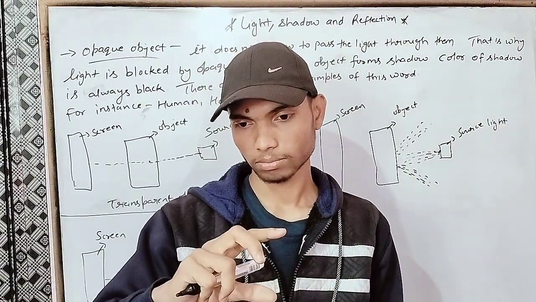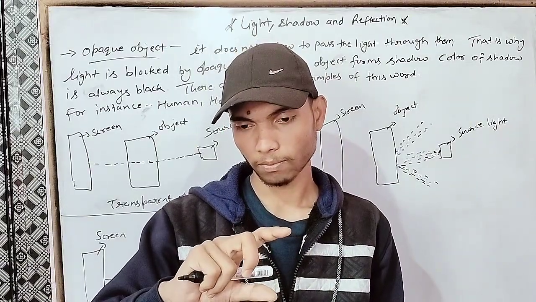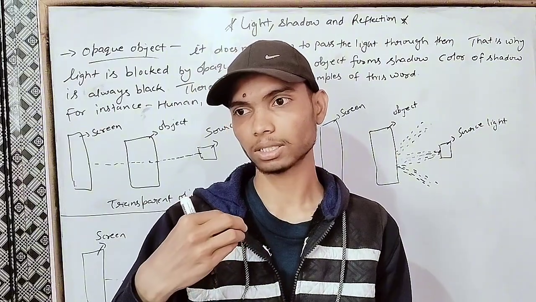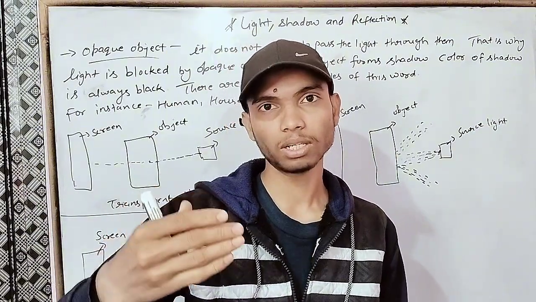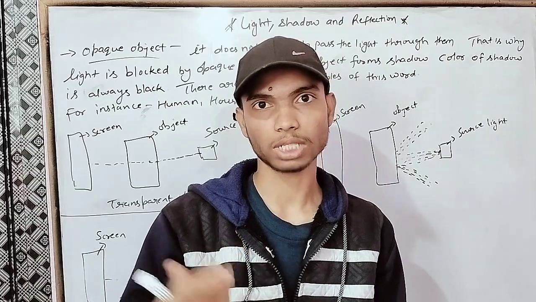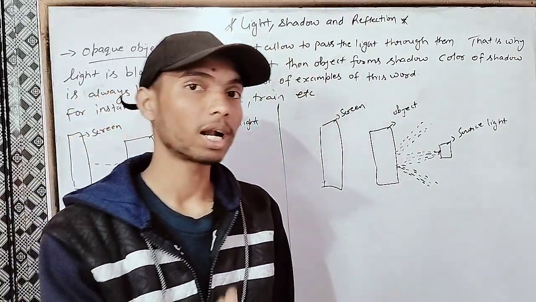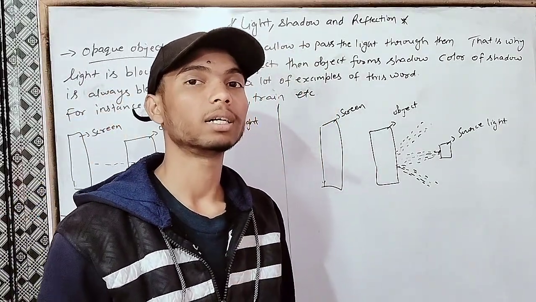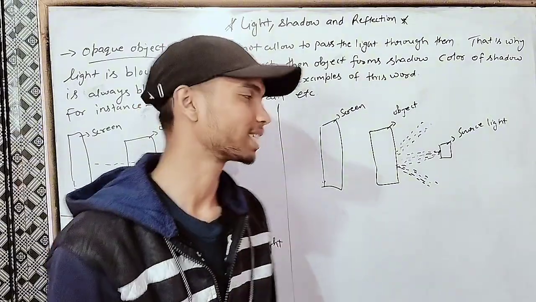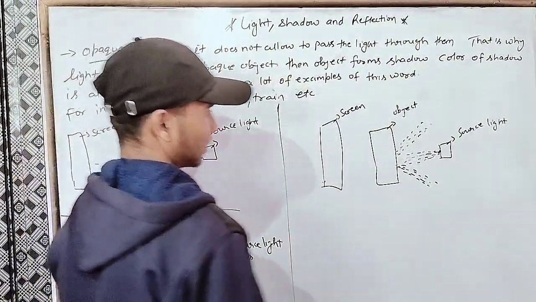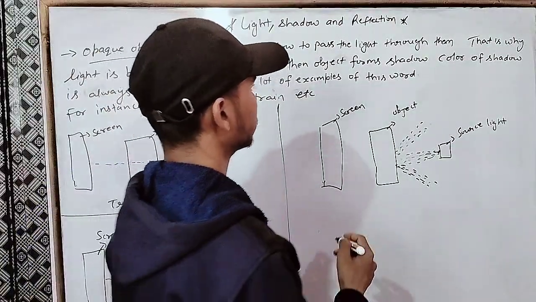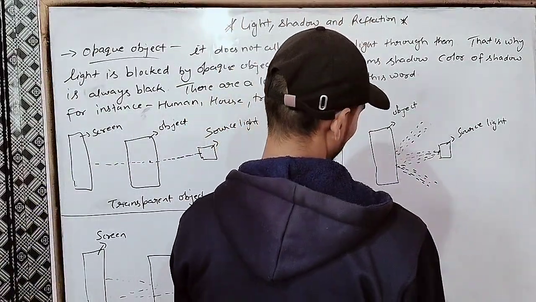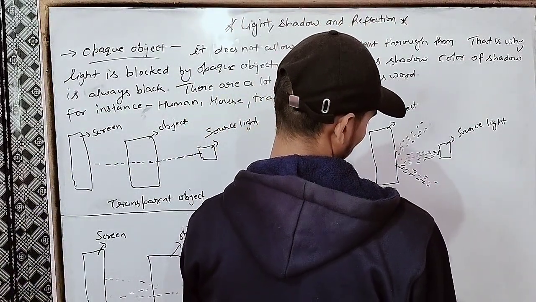Now, when light is blocked, then behind the object there will be formation of a shadow, because light didn't cross the object. That's all. So can we consider it as an opaque object?